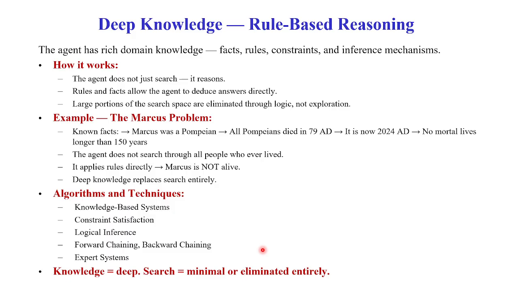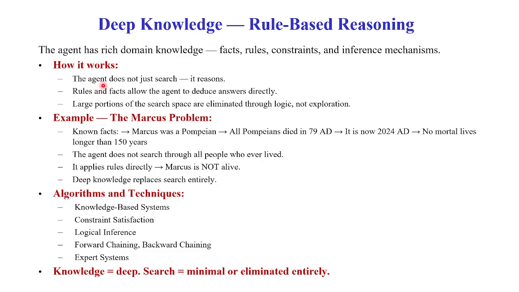Now we'll talk about this deep knowledge. So what is this deep knowledge? We have seen in the previous slide what is a deep knowledge. Here, the agent has rich domain knowledge, and it knows the facts, rules, constraints, and inference mechanisms.